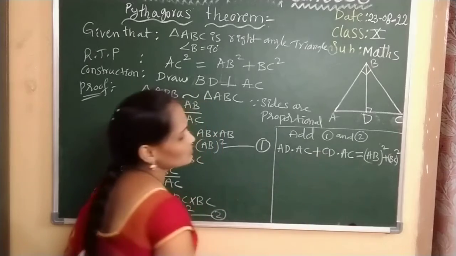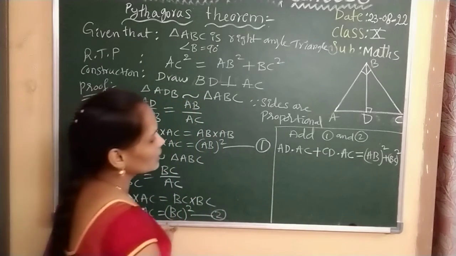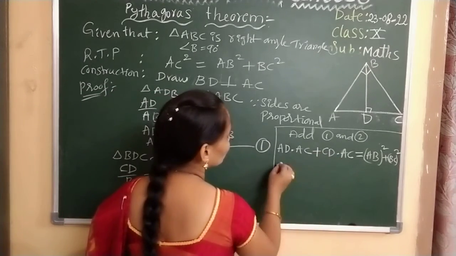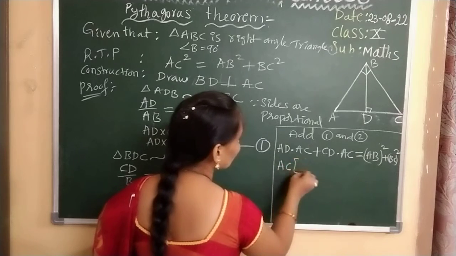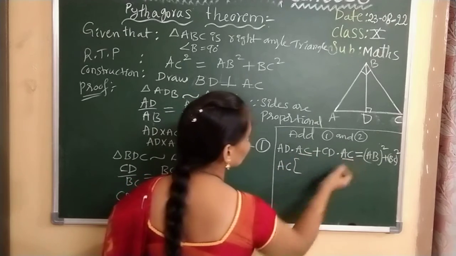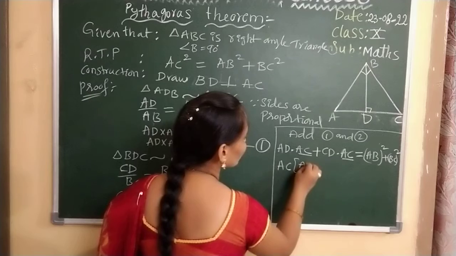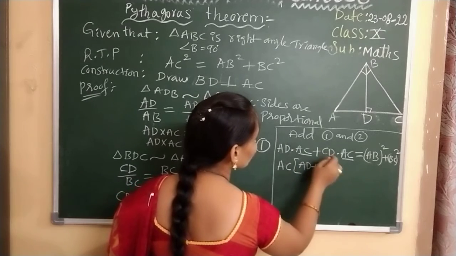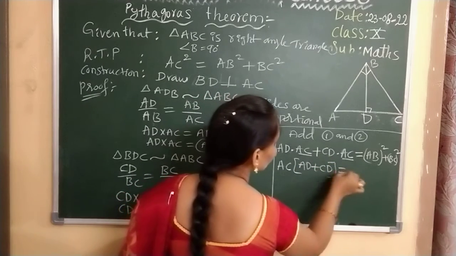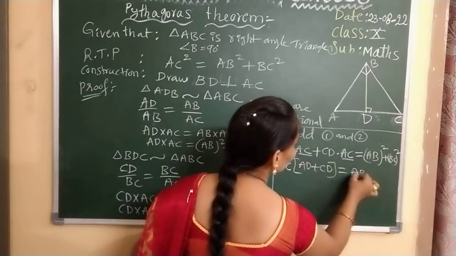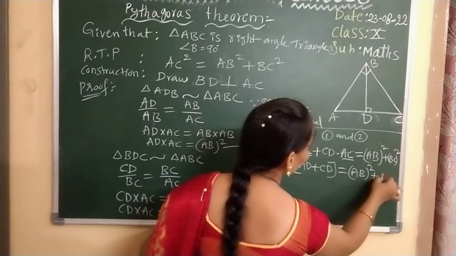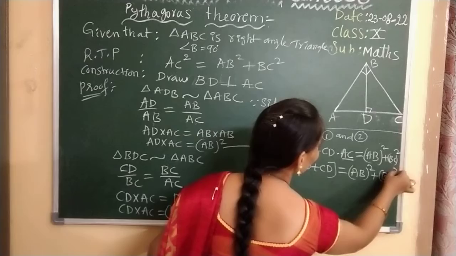In these two terms, what is common here? AC is common. So taking AC common, the remaining is AD plus CD, which is equal to AB square plus BC square.